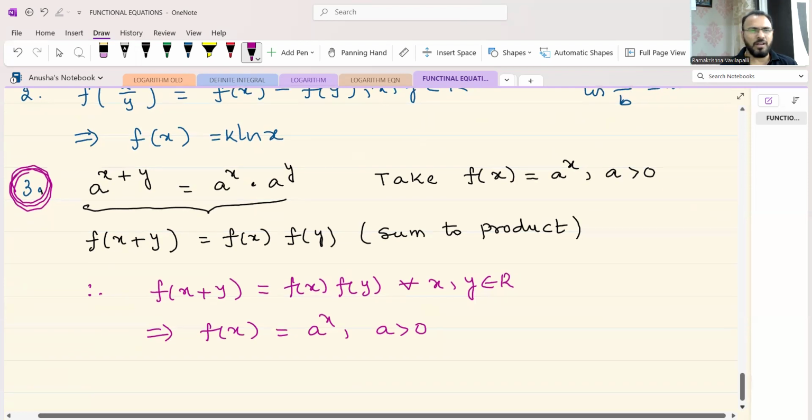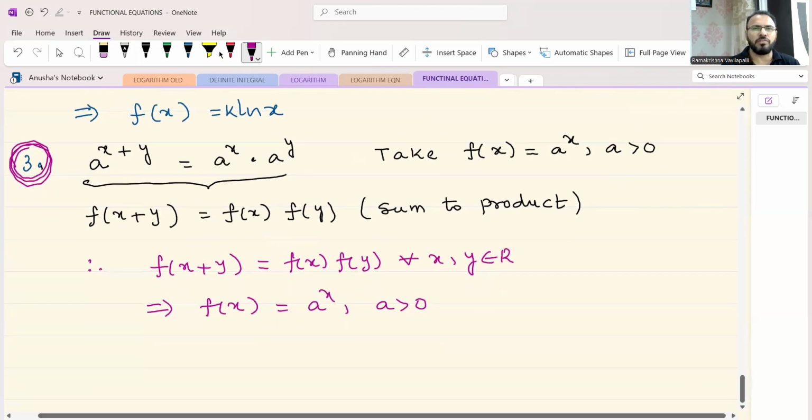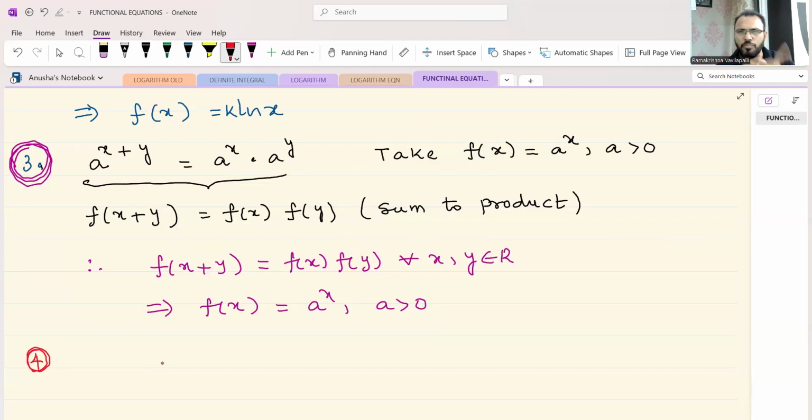The third one is over. Now the fourth one. The fourth one is product to product. So f of xy equals, I am writing directly, f of x into f of y, for all x comma y belongs to R plus.